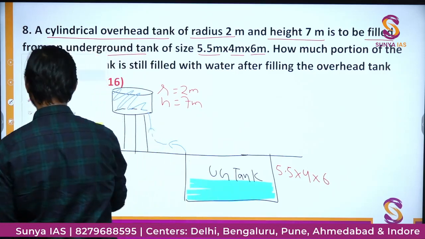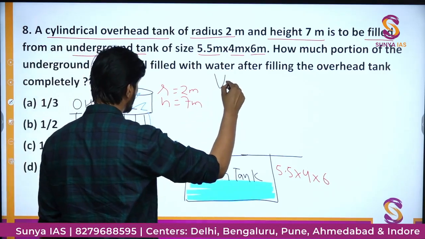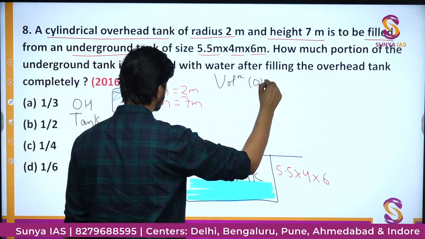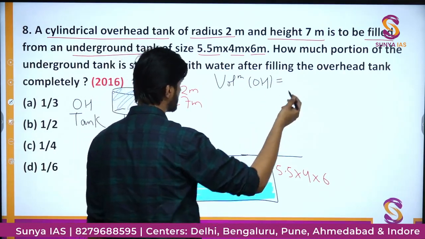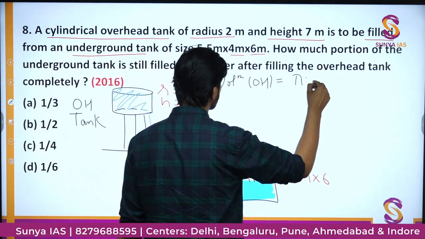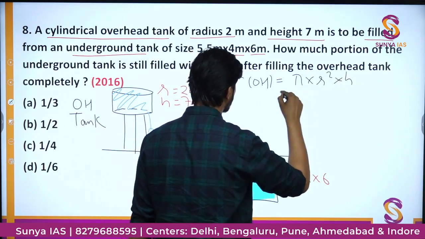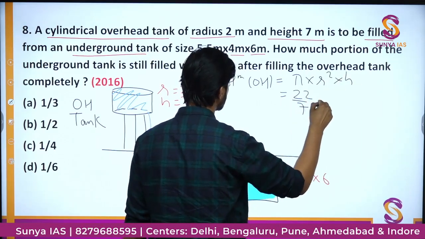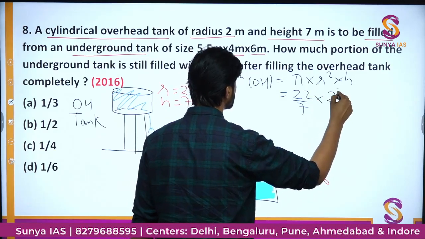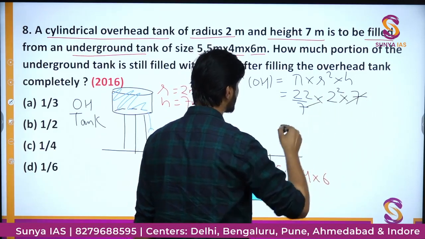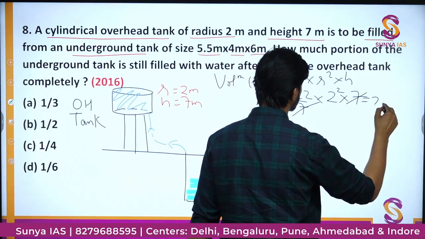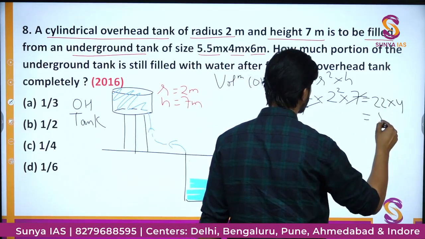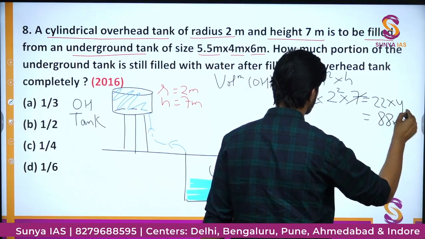So how much is the volume of OH tank? That is equal to, simply, since it is a cylinder, we have pi into r square into h. Pi we can take 22/7, r we can take as 2, so 2 square into height is 7. After all cancellations you will get the value as 22 into 4, that is 88 meter cube.